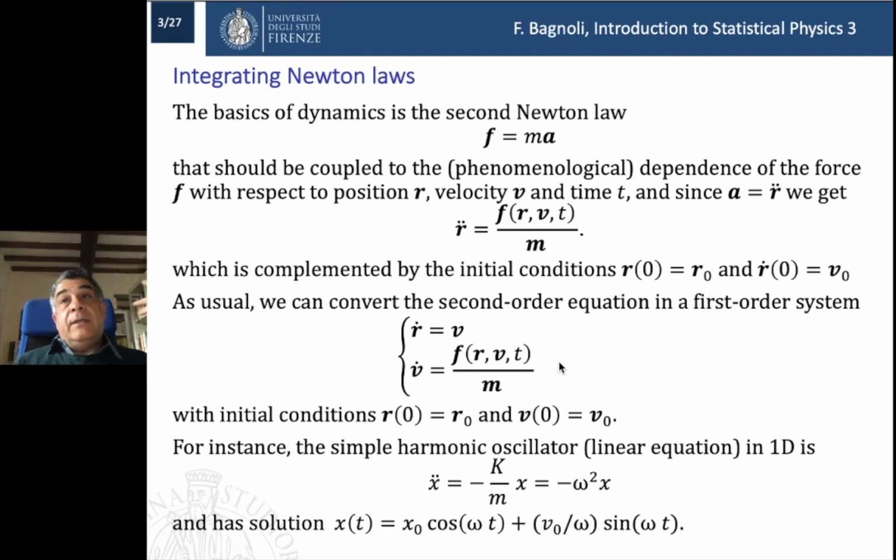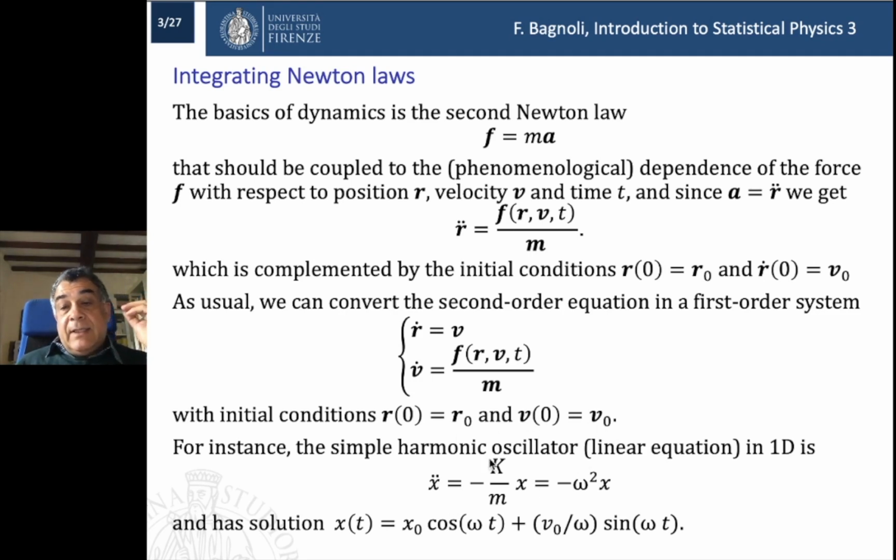As usual, as we do when computing these things by hand using mathematics, we convert the second order equation into a first order system of two equations by introducing the velocity. And so we have this system with the same initial condition.